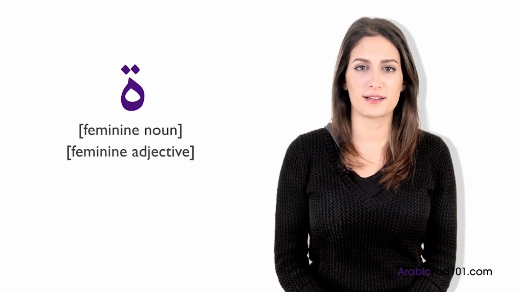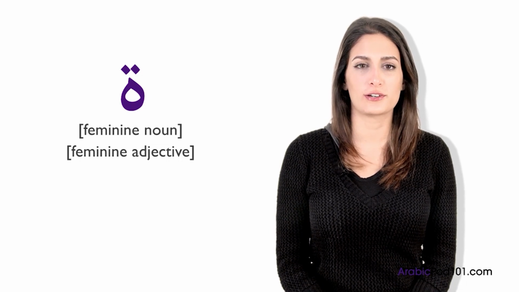Keep this in mind because it's going to help you a lot when you start learning Arabic grammar. And that's it for this lesson's letters. I hope this wasn't too complicated. Now, let's learn a couple of new words using the new letters we've just learned.